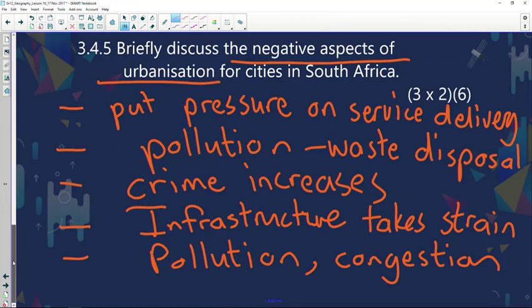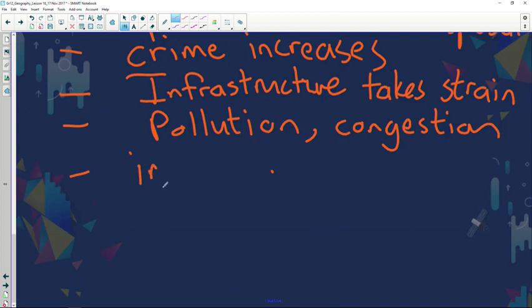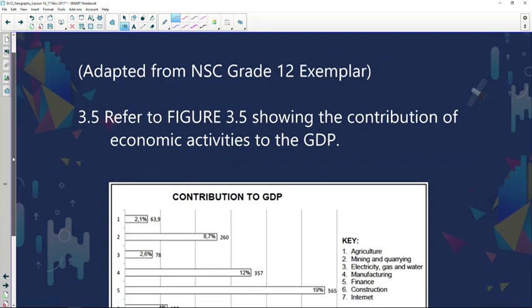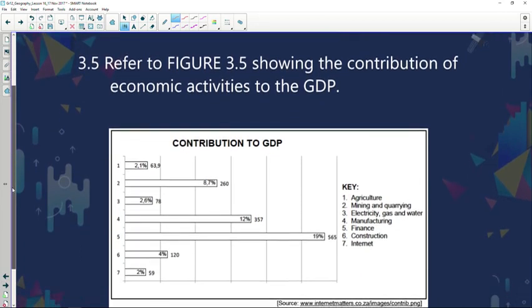And unfortunately, what's going to grow as well, there's going to be an increase in informal settlements, because most of these people won't be able to afford housing, or because there's a shortage of housing. So there's going to be an increase in informal settlements where it lacks basic needs and services and creates unsafe conditions to live in.